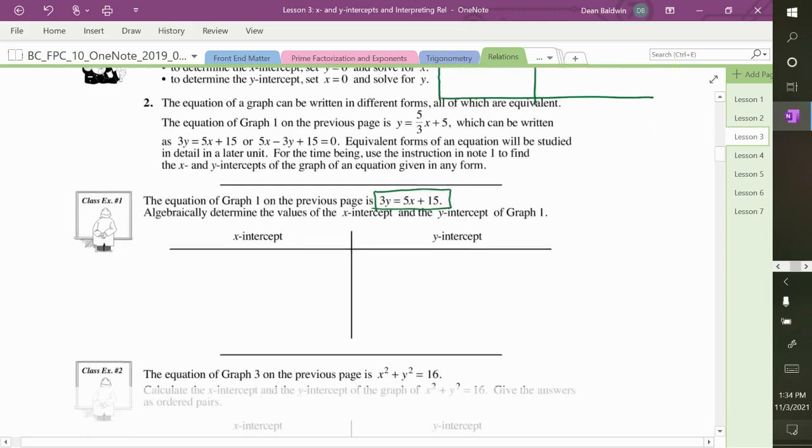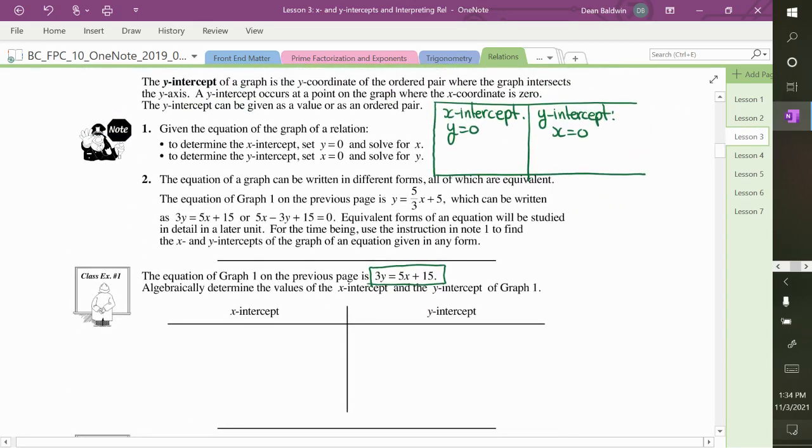So let's do the x-intercept first. X-intercept is when y is equal to 0. So all you do is put 0 in for y. Okay? So where my y is, I write 0. And then you solve for x.